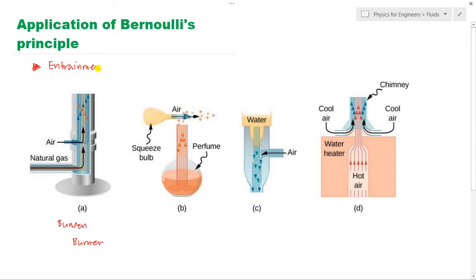Okay, entrainment. Ano sa pasabot sa entrainment? Na kay gamay nga passageway, and then on that passageway dako imong velocity. So if you have higher velocity, mo correspond na siya og lower pressure.